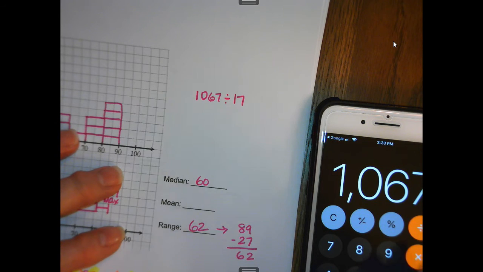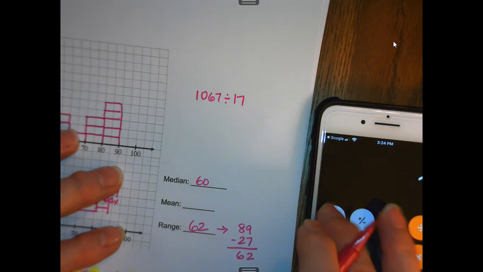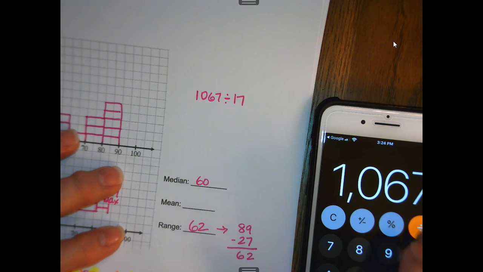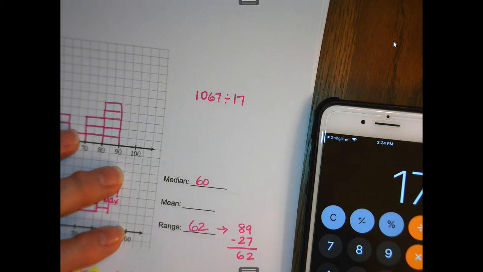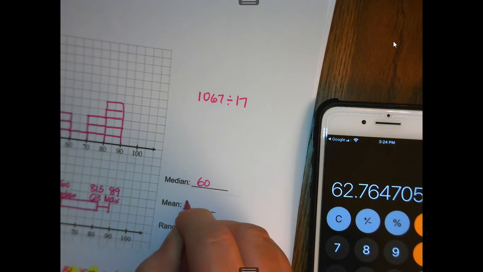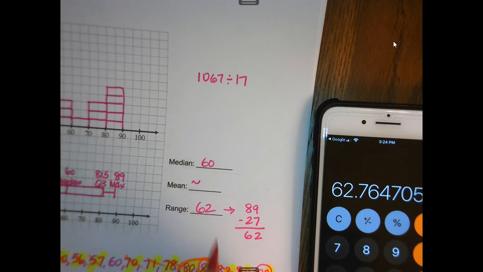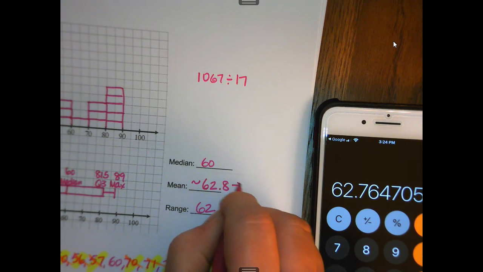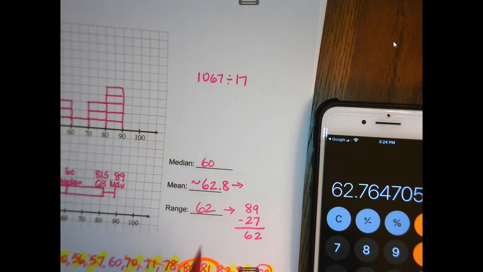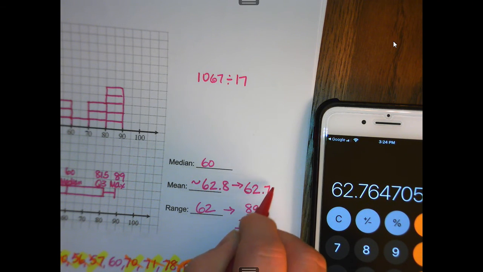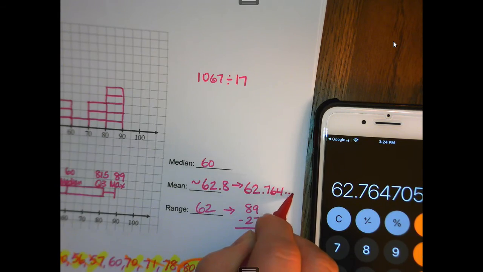Let's go 1,067 divided by 17. And so our mean is about, and that's what that squiggly line means, 62 and 8/10. The reason I rounded it to 62 and 8/10 is because the number I got in my calculator is 62, and then it keeps going.